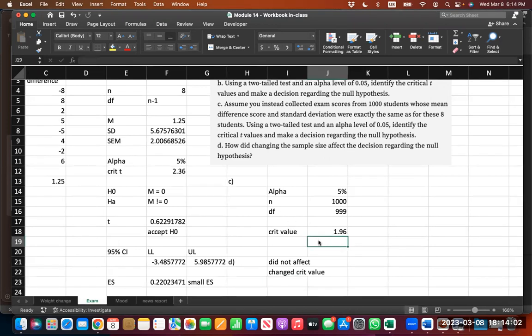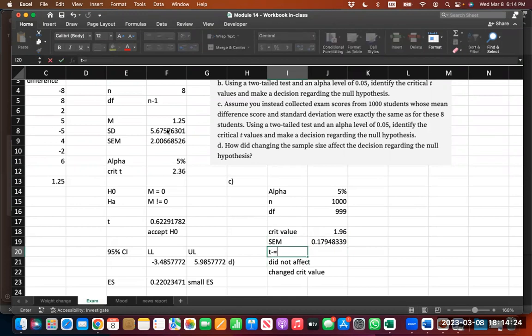Hold on, sorry. The critical value changes the standard error of the mean. That was the keyword. The standard error of the mean is the standard deviation divided by the square root of 1000, and gets you a standard error of the mean of 0.17.